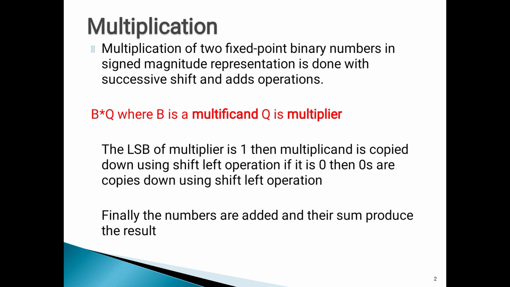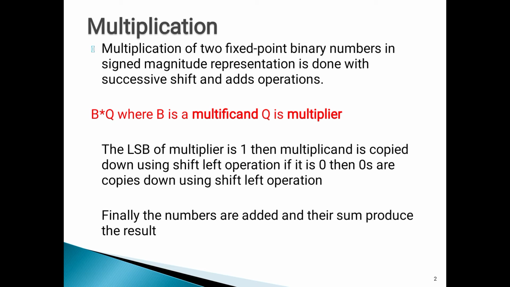So coming to the point, multiplication of two fixed point binary numbers in signed magnitude representation is done with shift and add operation. We need two operations, one for shift operation, another one is add operation, right? So we know how to perform the shift operation as well as add operation.